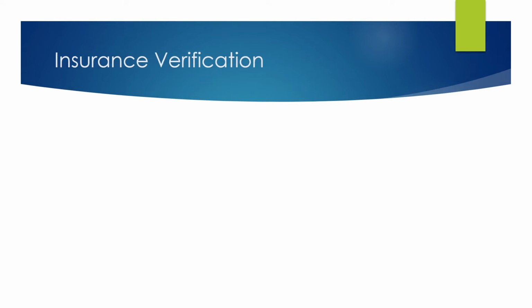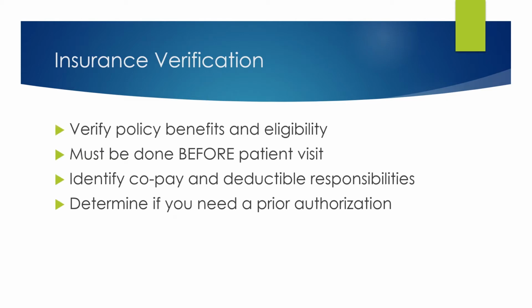So if we go to the next slide, this is really the insurance verification piece. And I highly suggest that this is something that should be done up front, right? We shouldn't be doing this after the fact or after the patient visit. So we want to make sure that we're verifying policy benefits and eligibility, that we're understanding how much the copay and deductibles may be for the patient, and that we're collecting that information when the patient checks in.